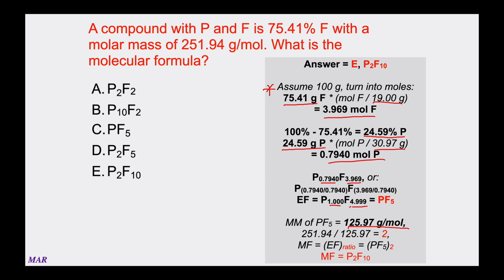The molar mass of the whole compound, 251.94, divided by the empirical formula's molar mass, comes out to be a ratio of 2. And again, this ratio is going to be a whole number. So in this case, we'll take our empirical formula, PF5, and we're going to multiply it by 2. So that's where the P2F10 molecular formula comes from.